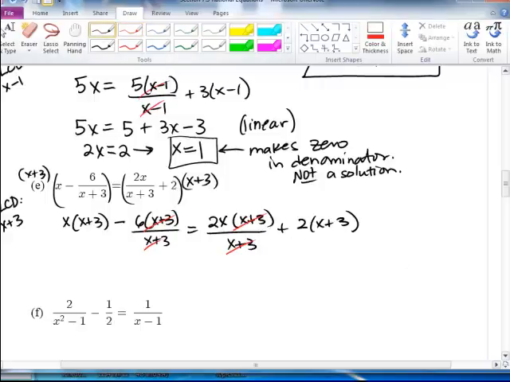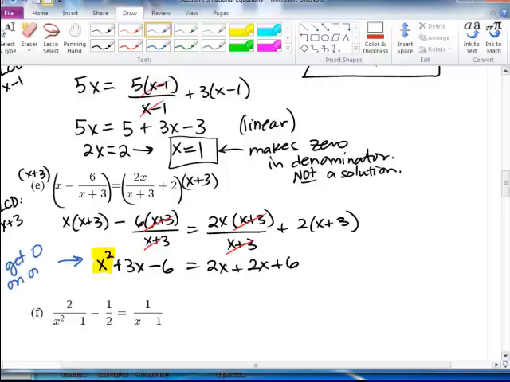And simplify what's left. So we've got x squared plus 3x minus 6 equals 2x plus 2x plus 6. And again, because we see this x squared, that should say right away, get 0 on one side and try to factor.